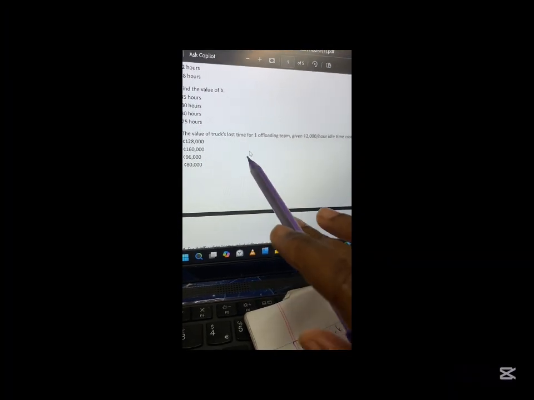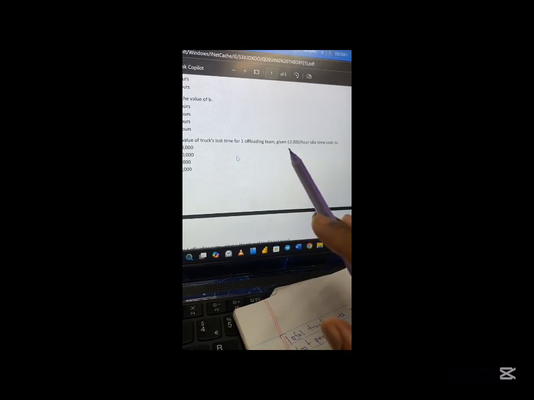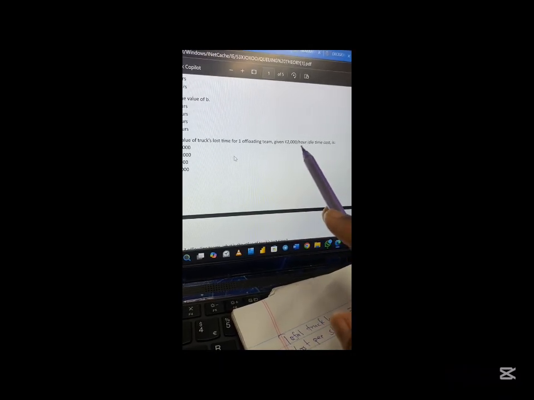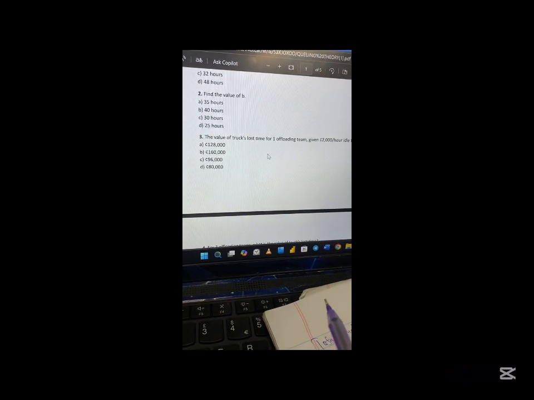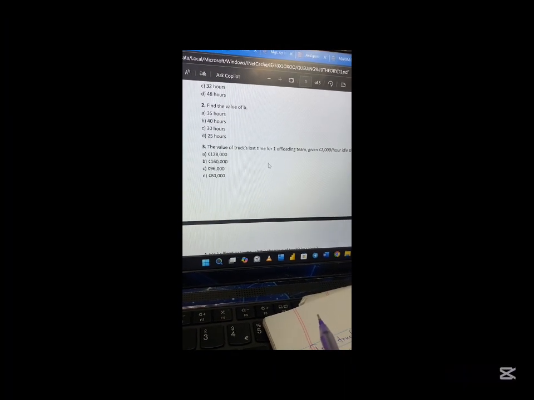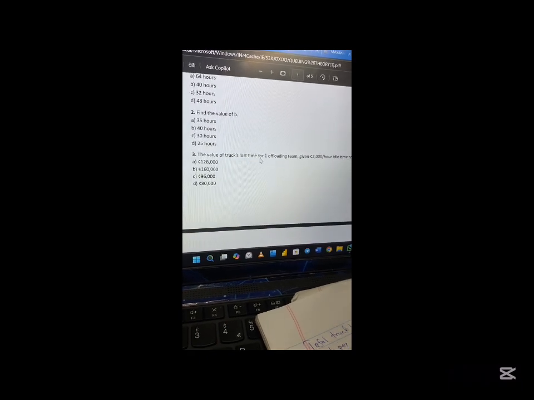Question 3 is saying the value of trucks lost time for one offloading team, given 2,000 cedis per hour idle time cost. So here we're supposed to find the value of trucks lost time for one offloading team, and we already solved it.